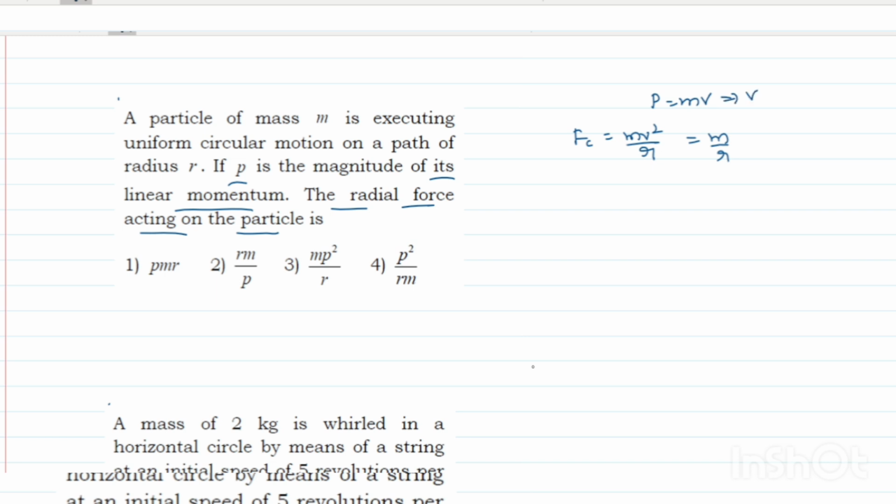So instead of v, substitute p by m, giving p square by m square, and one m gets cancelled. Then the centripetal force is p square by m into r. This is the centripetal force formula in terms of momentum.